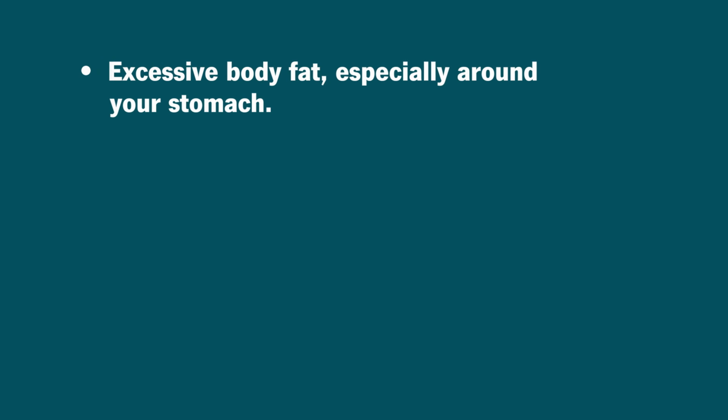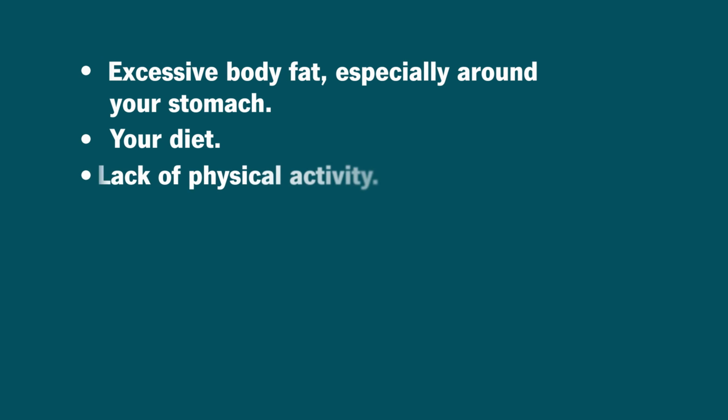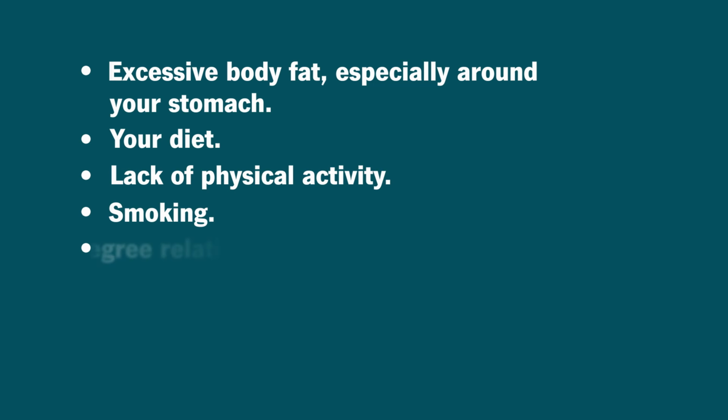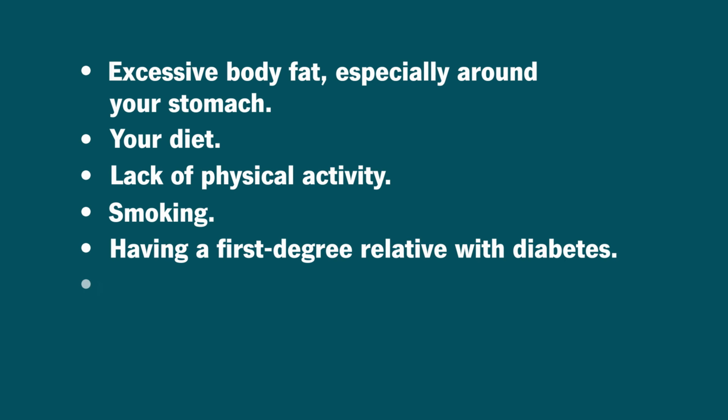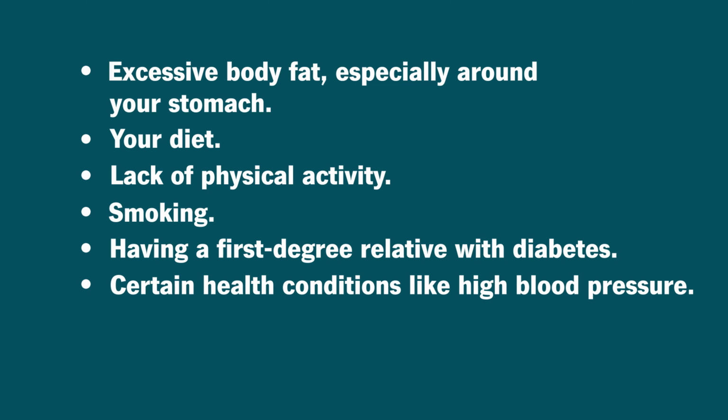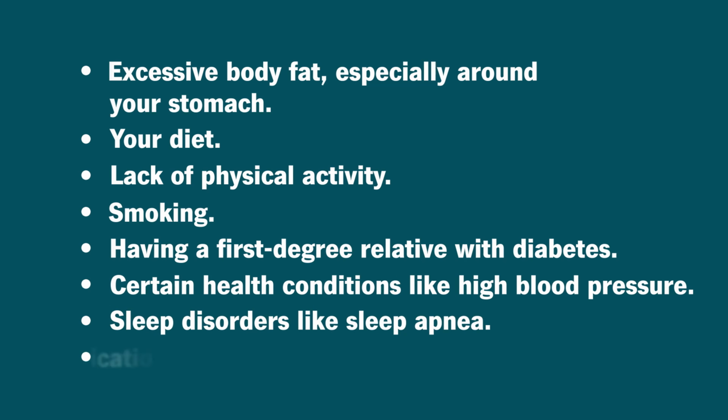Obesity, especially abdominal obesity, is strongly linked to insulin resistance. Fat cells, especially in the abdominal area, release substances that can interfere with insulin's action, further worsening resistance. Additionally, a sedentary lifestyle and a diet high in processed sugars and saturated fats can contribute to insulin resistance by promoting weight gain and inflammation.